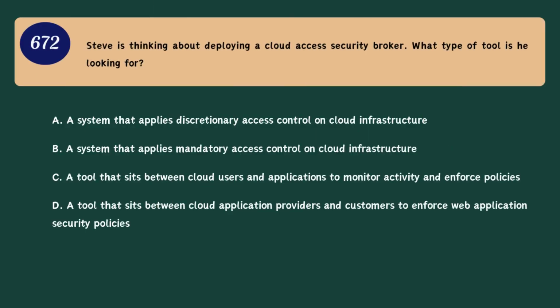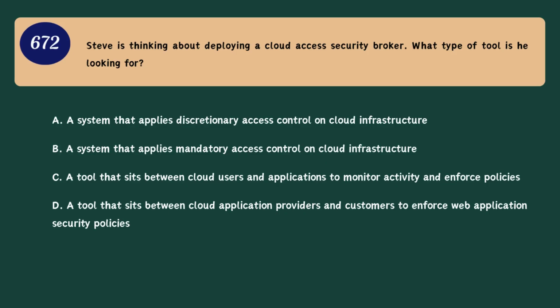Question 672. Steve is thinking about deploying a cloud access security broker. What type of tool is he looking for? A. A system that applies discretionary access control on cloud infrastructure. B. A system that applies mandatory access control on cloud infrastructure.